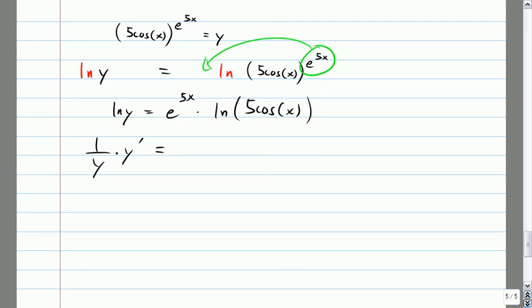There's chain. I'm thinking product first, because we have the product of a function and this one. So you got your e to the 5x times the derivative of natural log 5 cosine x.